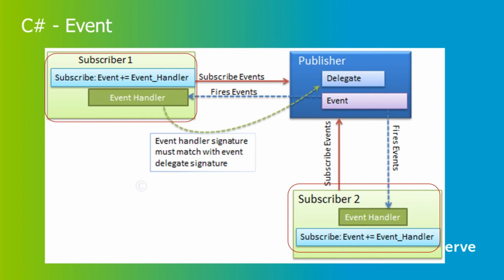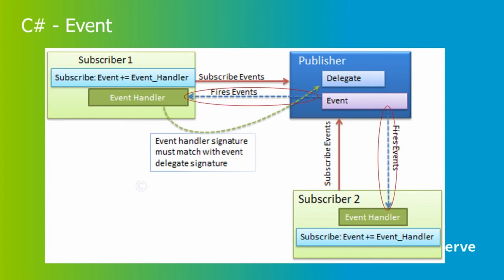This is the same keyword event. Subscribers provide methods which match the signature that is set by the publisher. Under the execution of some conditions, the publisher notifies all its subscribers that something happened, by calling the instances of delegates provided by event subscribers.